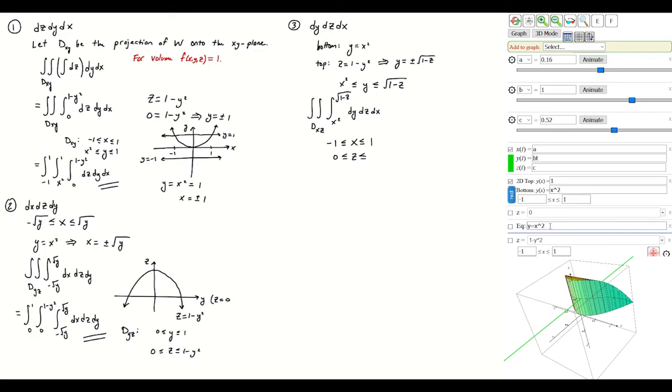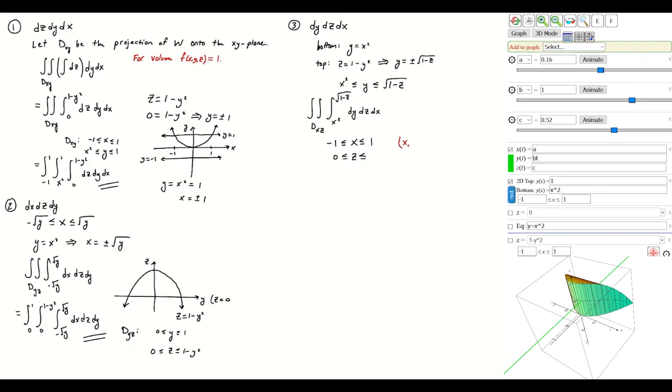This surface, y equals x squared: how high does it go? That's determined by where it gets clipped by this surface, z equals 1 minus y squared. So, as a progression of events, we have some x value, and that x value determines the y value on this parabola, y equals x squared. Imagine we've got some arbitrary point here, some x value x.